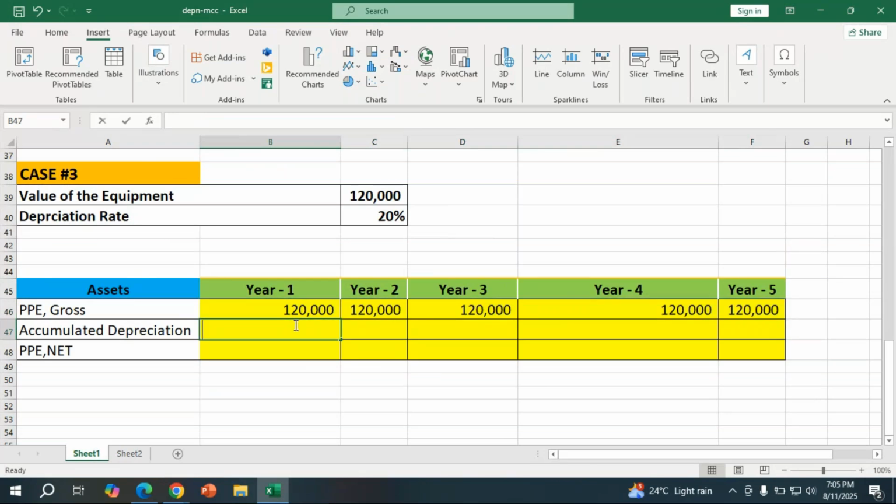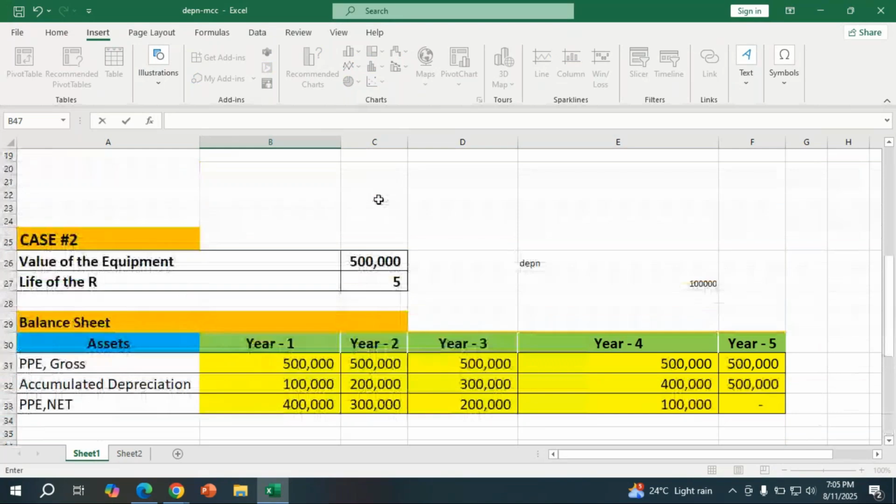So first here there is no accumulation, but depreciation here to calculate. So 20% they have given. So the previous year, number of years.